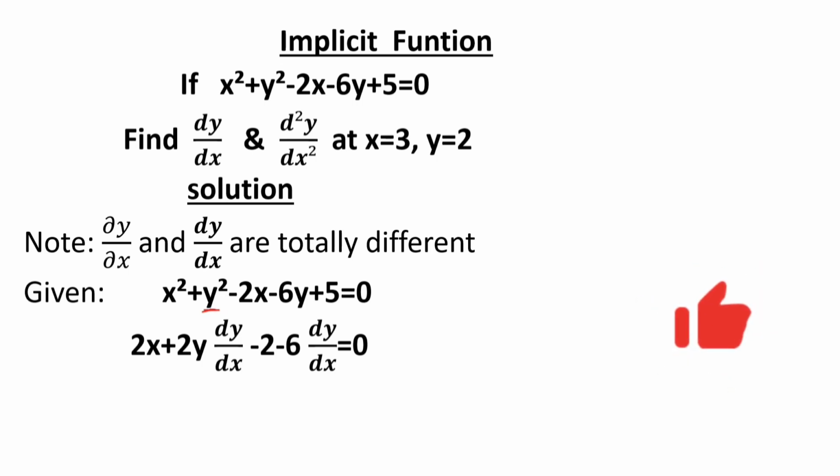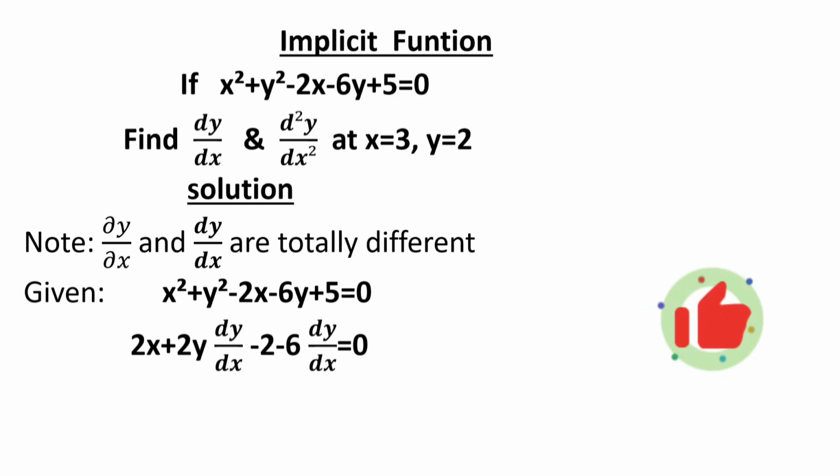Now, differentiating y squared with respect to y using the general method, I use the 2, which is the power, to multiply it. It gives me 2y. Then I subtract 1 from the power, 2 minus 1 gives 1, so y raised to the power of 1, which is the same thing as y. But whenever you are differentiating with respect to y, you must always add dy/dx.